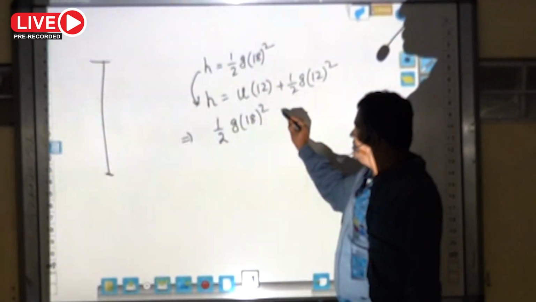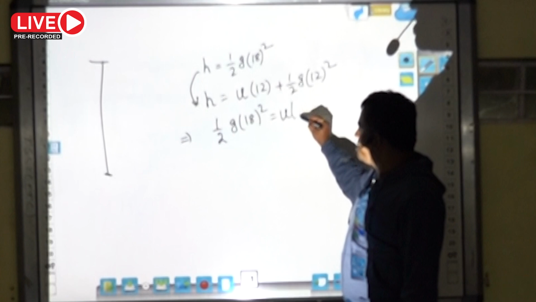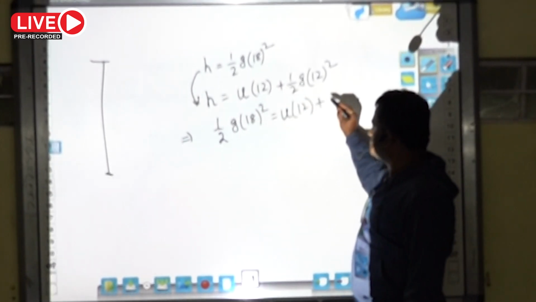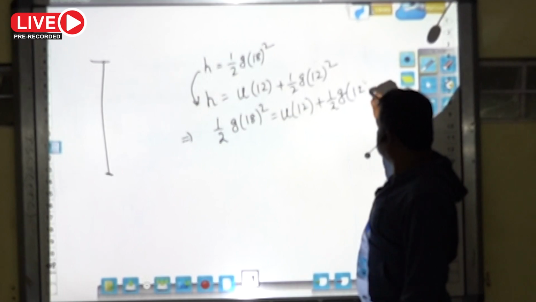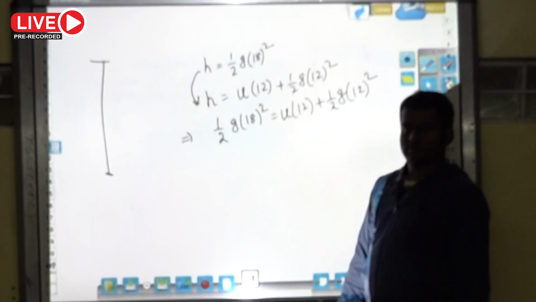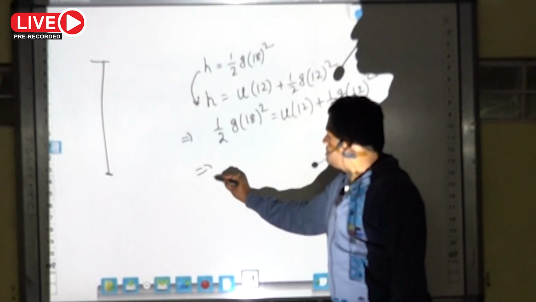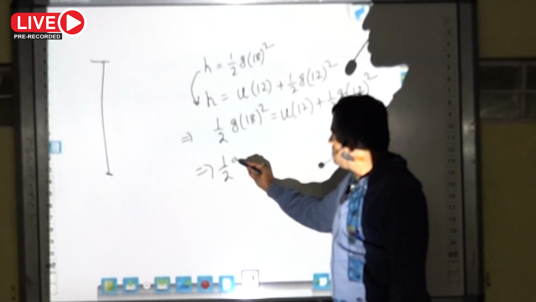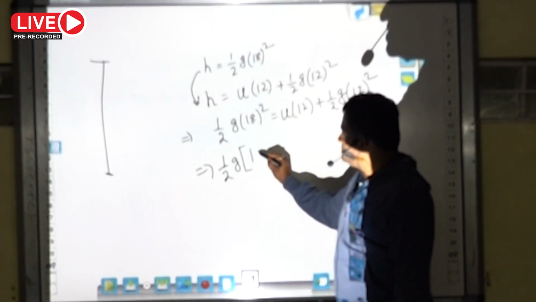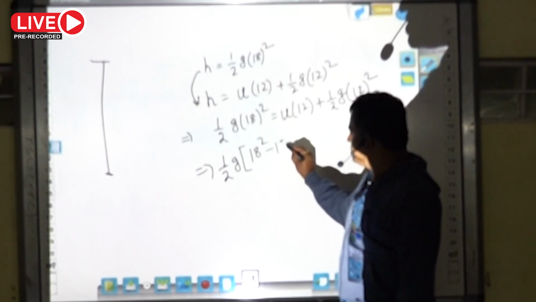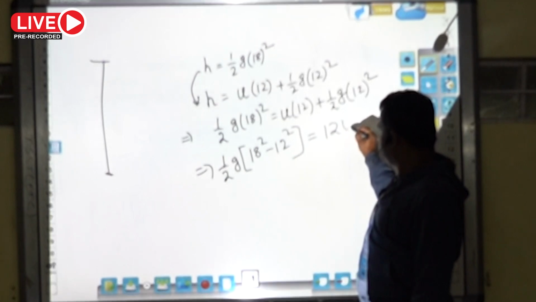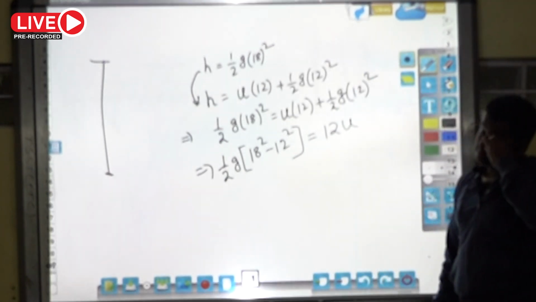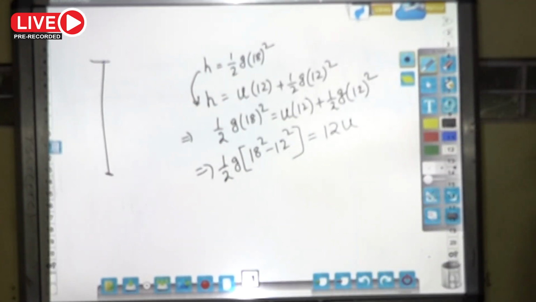So we can write half g common into 18 square minus 12 square, that is equal to 12u. From this find the value of u.